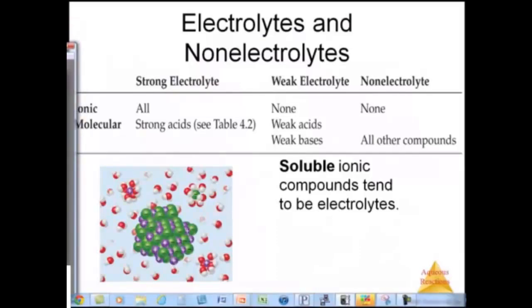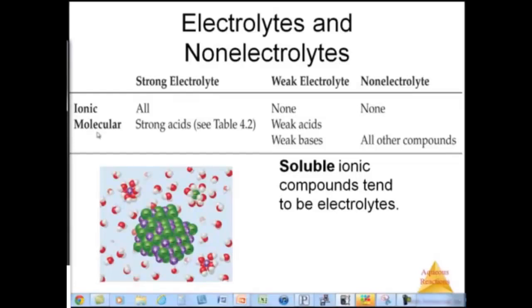Alright, so we have electrolytes and non-electrolytes. Now, all ionic compounds, assuming that they're dissolved, you can assume are strong electrolytes. They will completely dissociate in water. Okay? So none of them are weak and none of them are non-electrolytes.